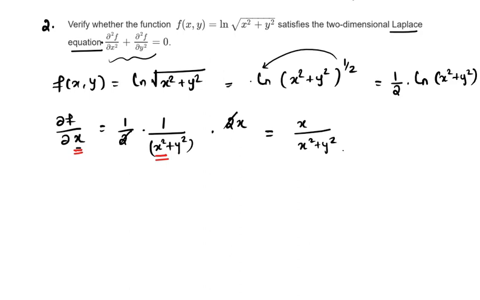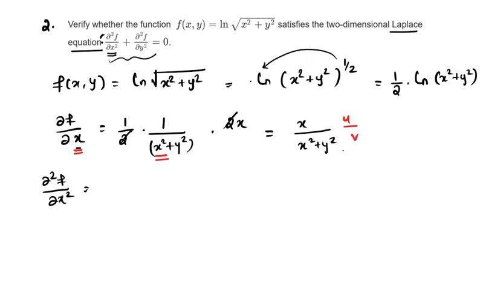Now we have to do another thing, that is dou squared f by dou x squared. So let us find that. We are going to differentiate this value with respect to x. Now the value is of the form u by v, right?